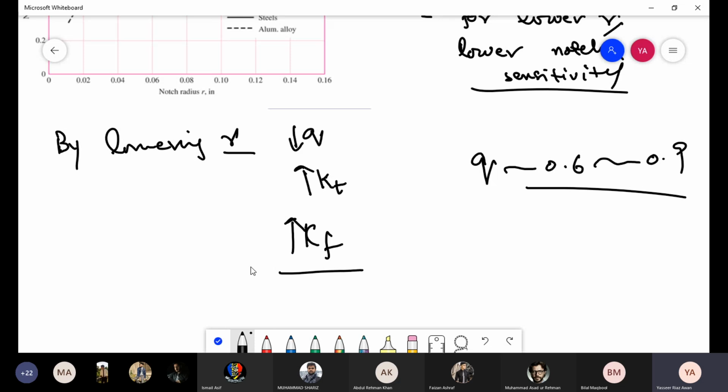Now we have studied this with the Marin factors, but this Kf we can still use with the strength parameter Se by dividing it by this factor and lowering the strength. Generally, though, we use it by multiplying it with stresses to get the maximum stress.